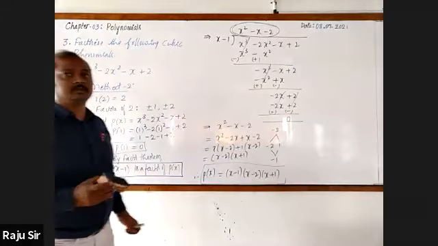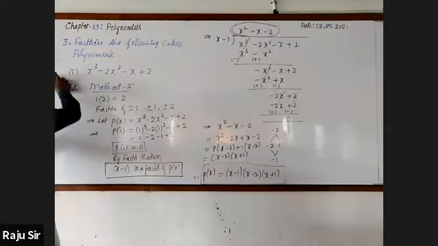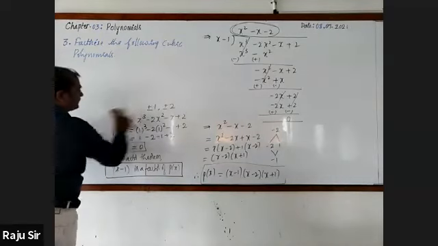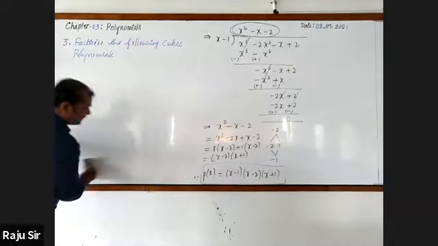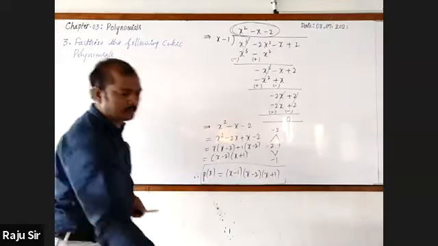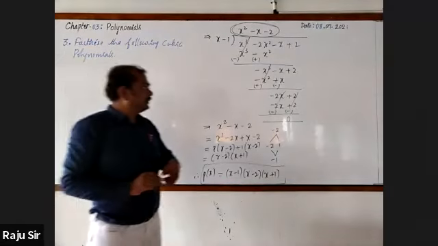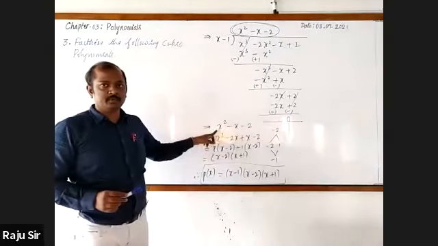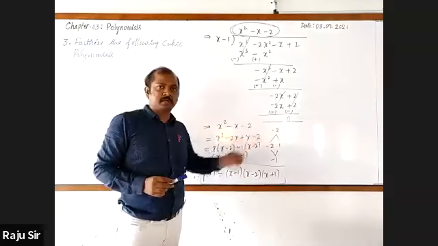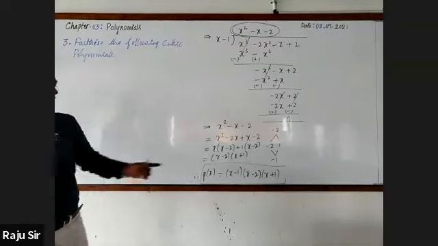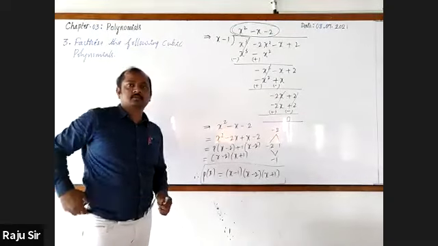As it is. If division is over, then copy from it. x square minus x minus, factorize. Then after factorization, write the conclusion.